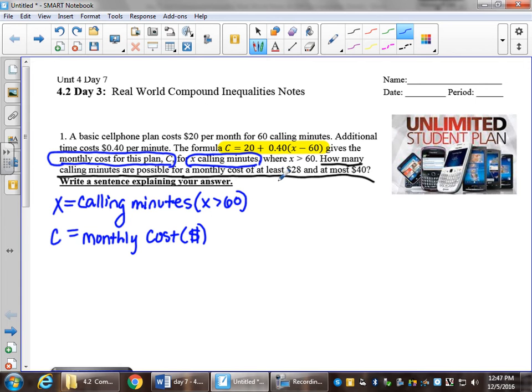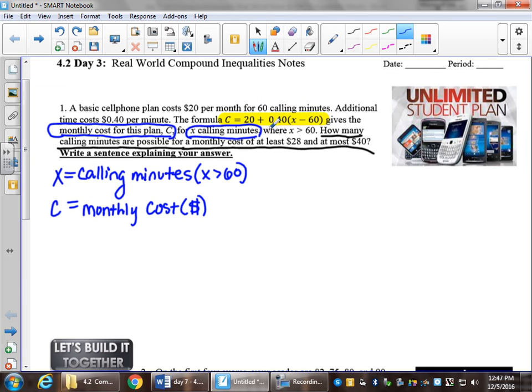Now the question says, how many calling minutes are possible for a monthly cost of at least this much and at most this much? So to set this up, we're going to take what it gives us, 20 plus 0.40 times (x minus 60), and really think about what this means.